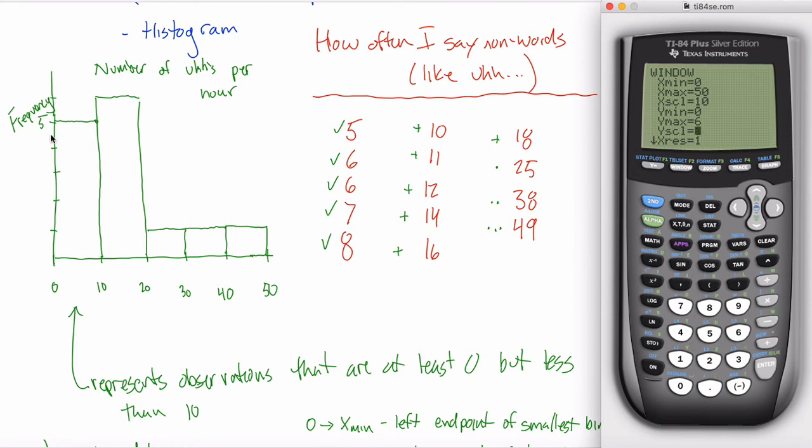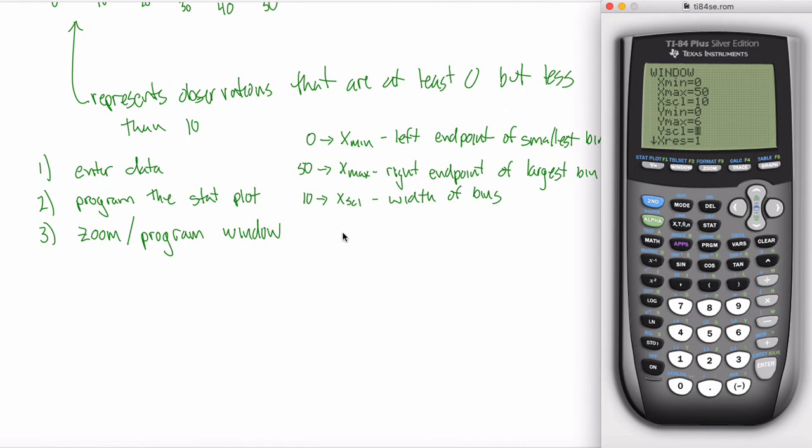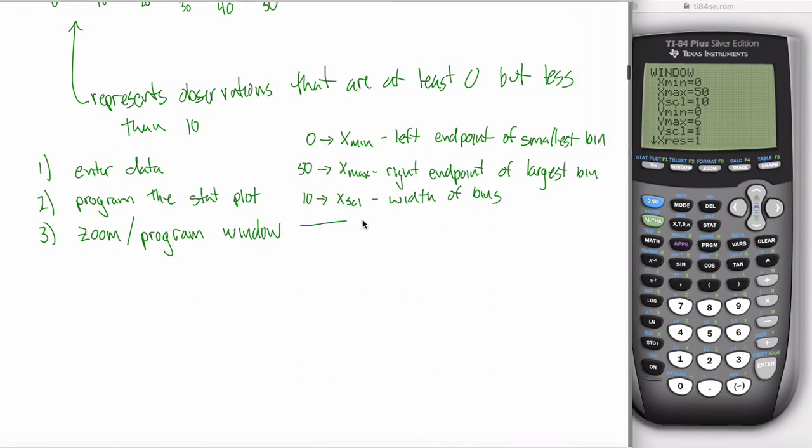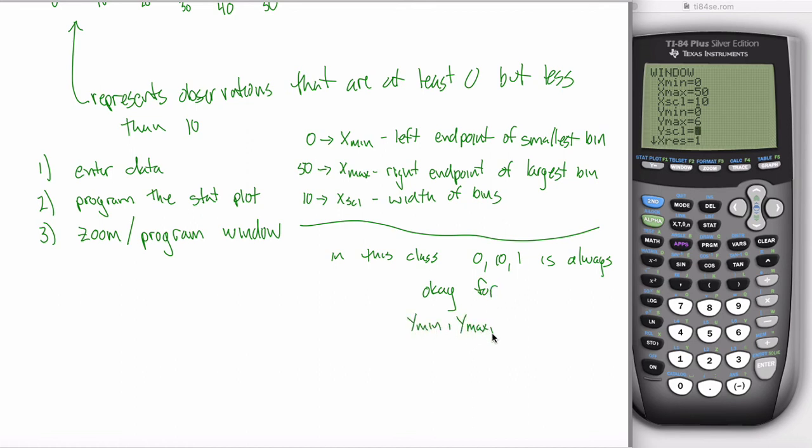To make this exact picture, I'm going to have my Y max be 6. But 0, 10, 1 is always okay for Y min, Y max, and Y scale.